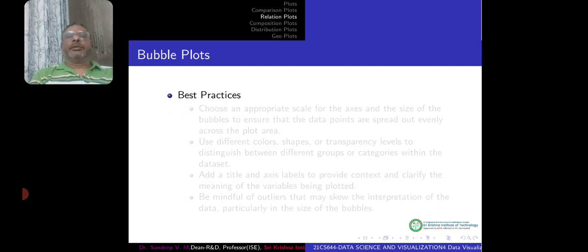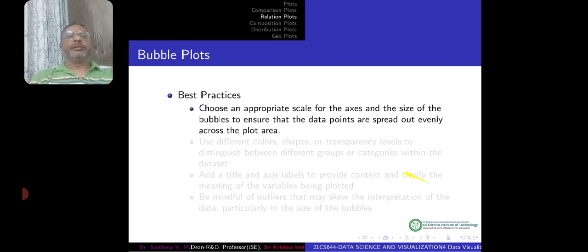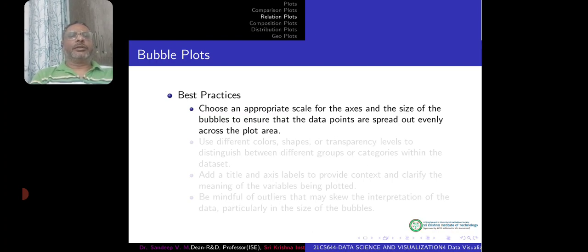So to make sure that the bubble plots are used to their best efficiency, some best practices are: choose an appropriate scale for the axis and the size of bubble to ensure that the data points are spread out evenly across the plot area.